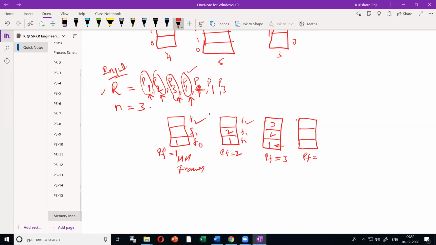No page fault will be raised. It will use the same page. P1 is already available in the frames, so if the requested page is already available in the main memory frames, it will be used. Is it correct? Is it clear or not?